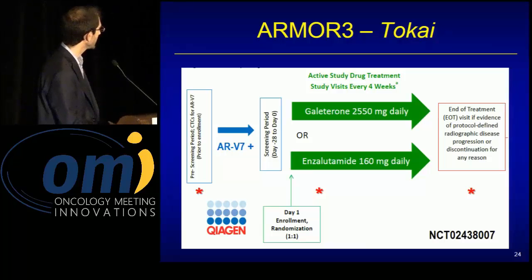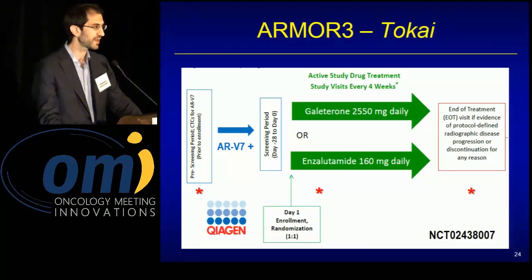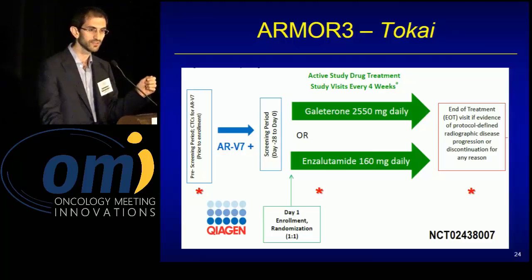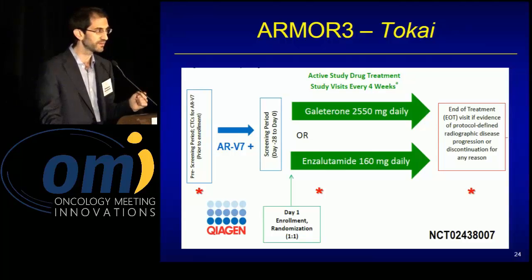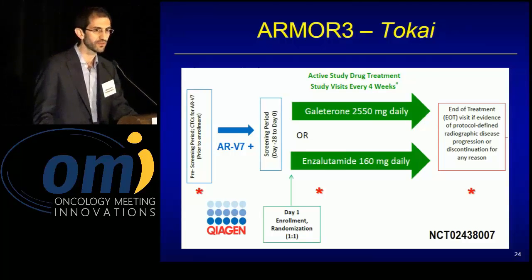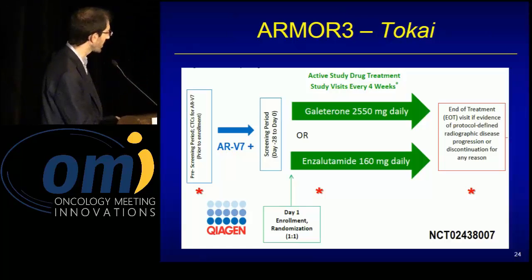And the interesting thing here is that in the pre-chemotherapy, pre-abiraterone, pre-enzalutamide patients, only about 50% at best are going to have CTCs in the blood. And of those, only about 10% of the CTC positive are going to be AR-V7 positive. So they're going to have to screen between 2,000 and 2,500 patients to get 150, which is their sample size. So the sample size is going to be 150 men.